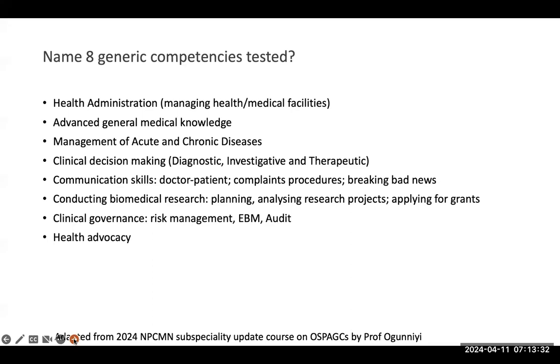The next point is conducting biomedical research, which can be planning, analyzing research projects, applying for grants. Then we have clinical governance, which can include risk management, evidence-based medicine, audits, then lastly, health advocacy.